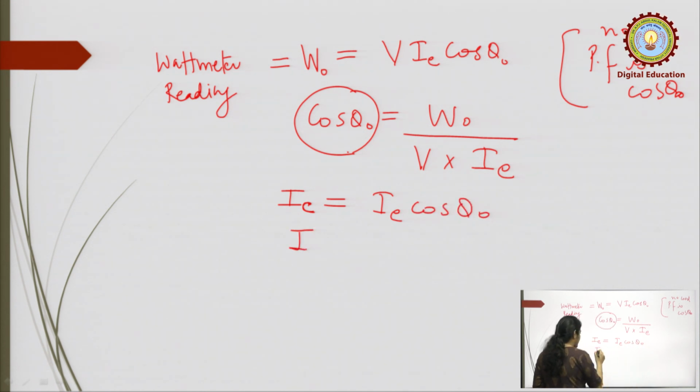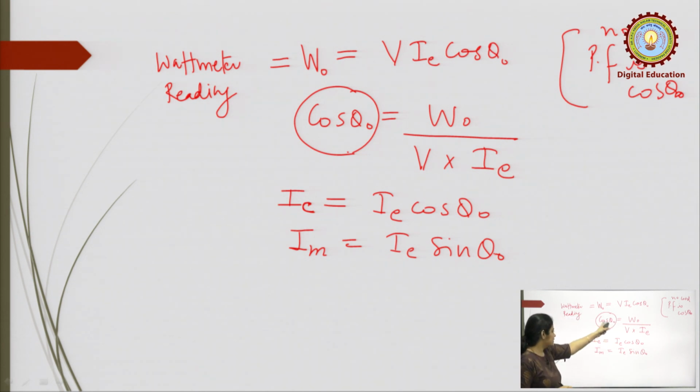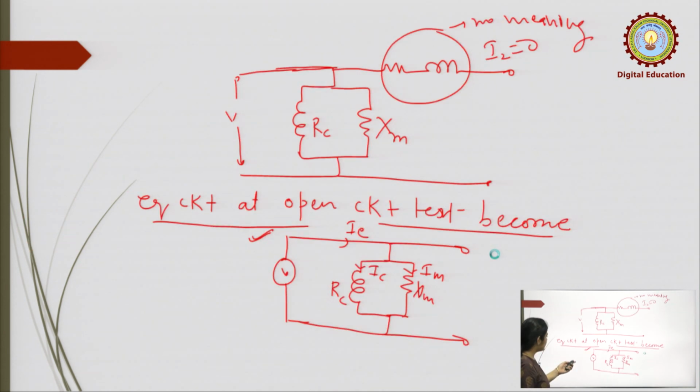That is, Ic is equal to IE cos theta 0 and Im is equal to IE sin theta 0. Because you know IE and cos theta 0, you will know Ic and Im. Now, from this circuit you will see that the voltage appearing across this parallel branch is the rated voltage.